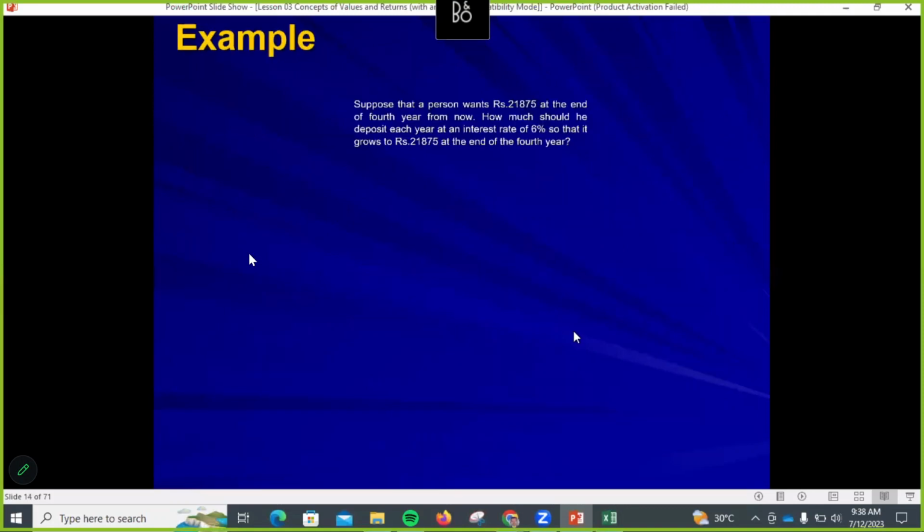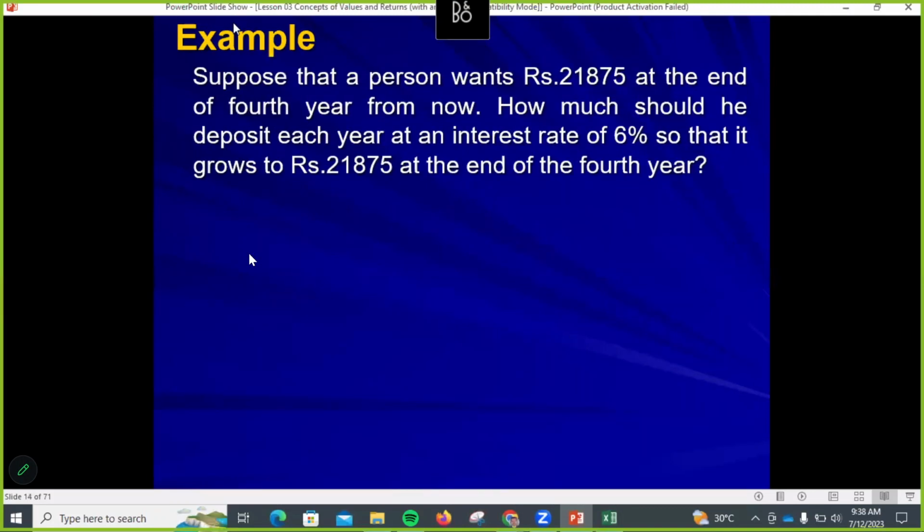As a given example, suppose that a person wants 21,875 at the end of the 4th year. Now you are in the 2nd year, and after 4 years you want to buy equipment with the cost of 21,875.